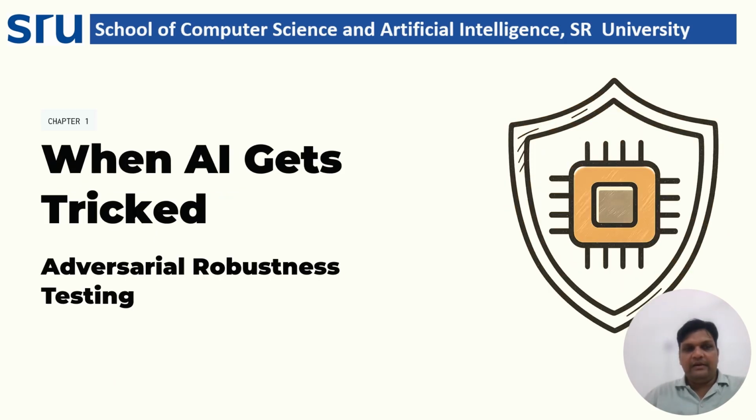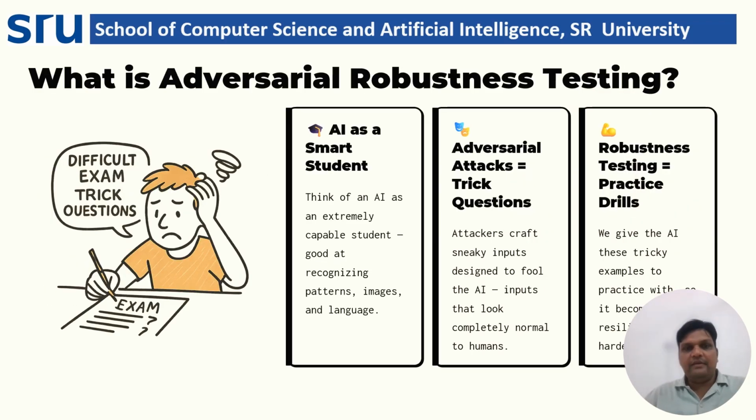When AI gets tricked: adversarial robustness testing. What is adversarial robustness testing? Think of an AI as an extremely capable student, good at recognizing patterns, images, and language.